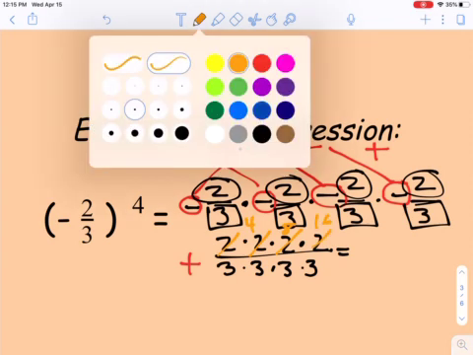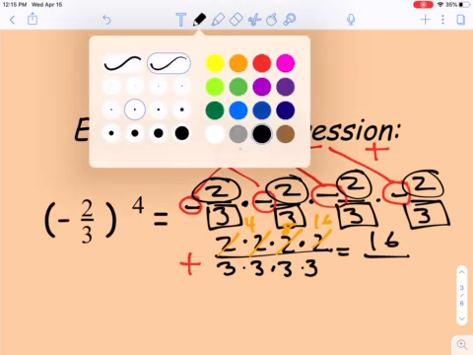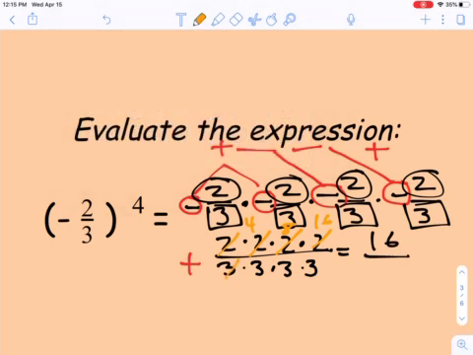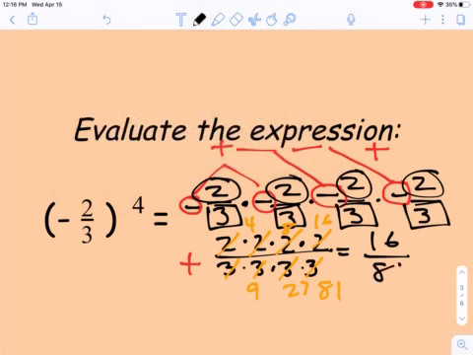Then 3 times 3 gives me 9, times 3 is 27, times 3 gives me 81. We actually had that one in the last example. You'll find with some of these that you use a lot of the same numbers. So 16 over 81, and that is the simplified answer.